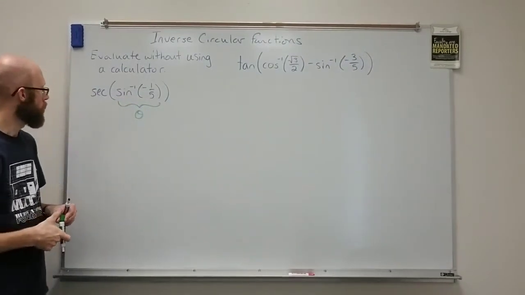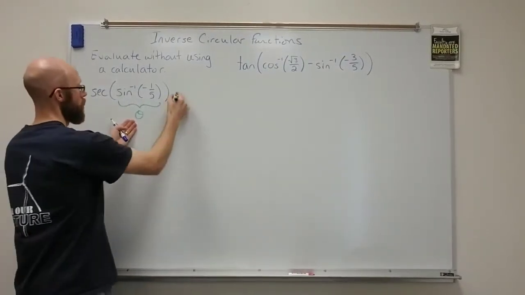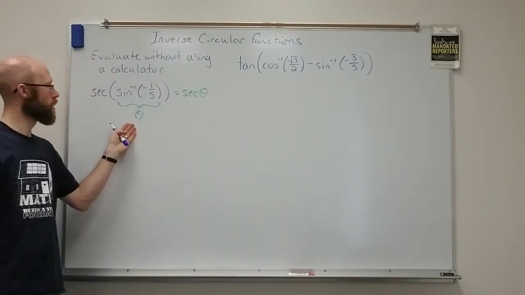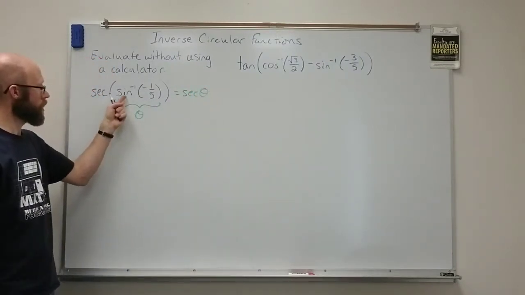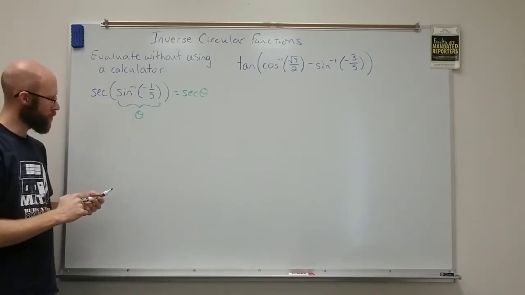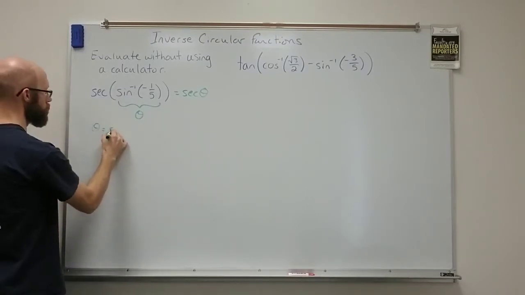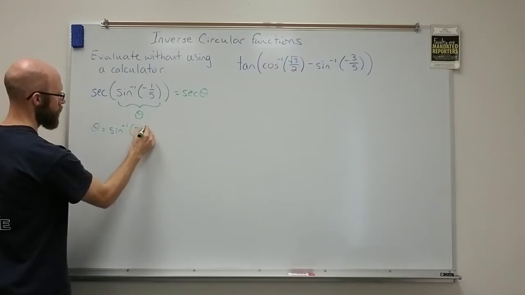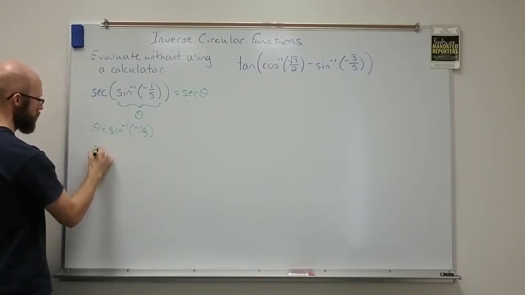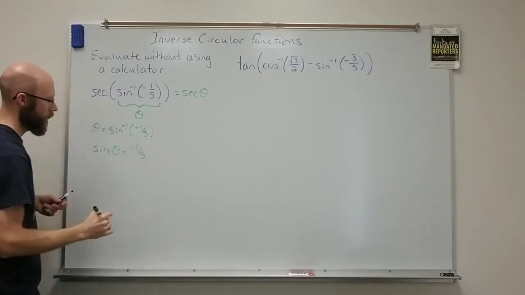And so what we're really doing is looking for the secant of theta, where theta is the inverse sine of -1/5. All that means is that if theta equals the inverse sine of -1/5, then the sine of theta is equal to -1/5.